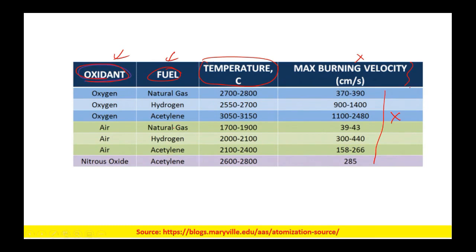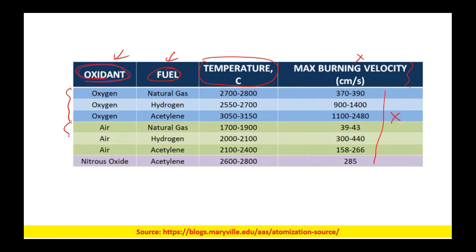I may give you that there is one sample which needs to be excited at say 3100 degree centigrade. So which oxidant and fuel will you be using? So you need to understand, you need to memorize this oxidant, fuel, and temperature things. Okay. So over here, another important thing, if you are giving oxygen, that means the burning will be happening in a much more oxidative environment.